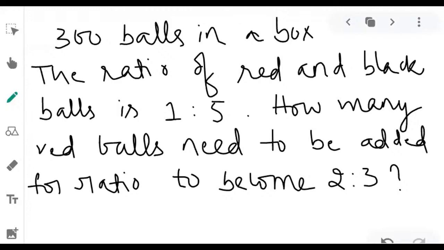Okay. It's legible, right? You're able to read my handwriting. Tell me if you don't understand any word, but this is the problem. I'll give you 2 minutes. Solve and tell me.